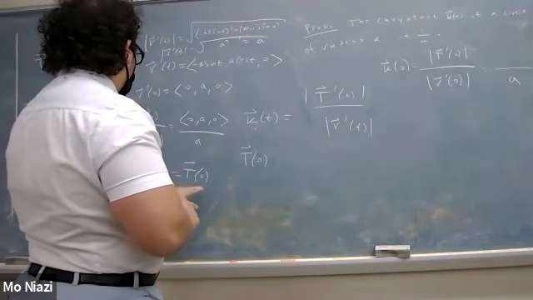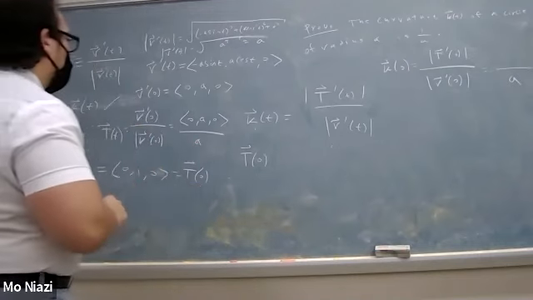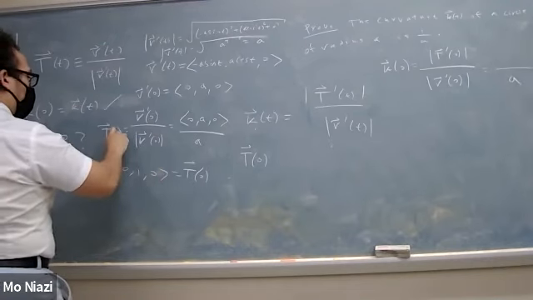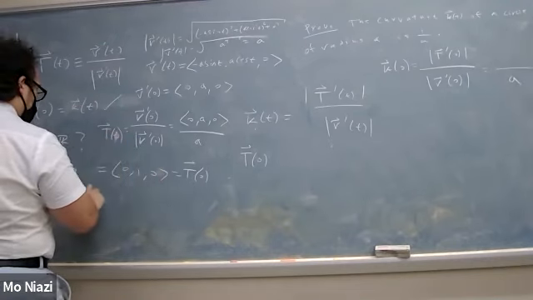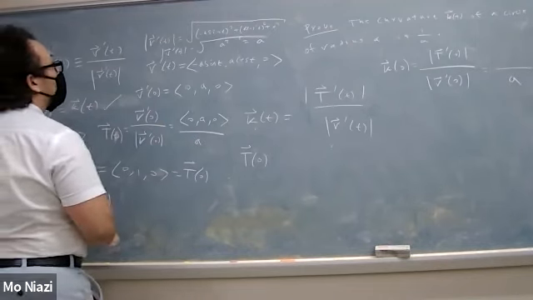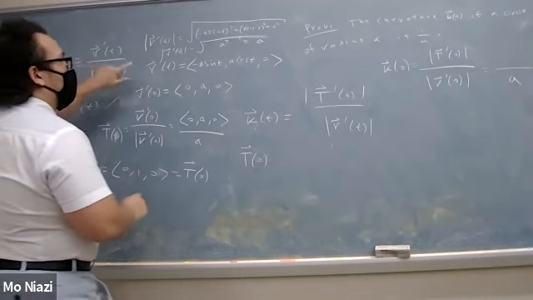Okay. That's equal to this. Now, I plugged in, so this is T of 0. What is T of t? That is precisely the derivative right here.